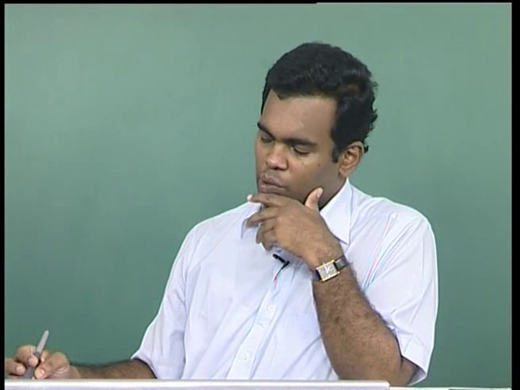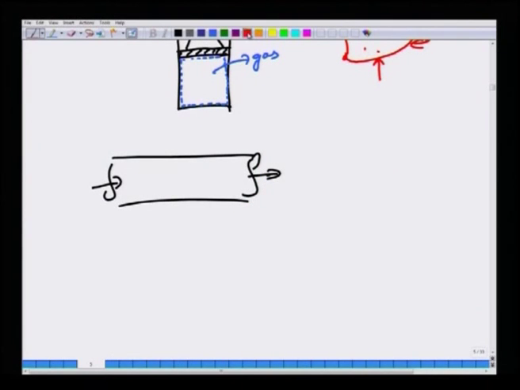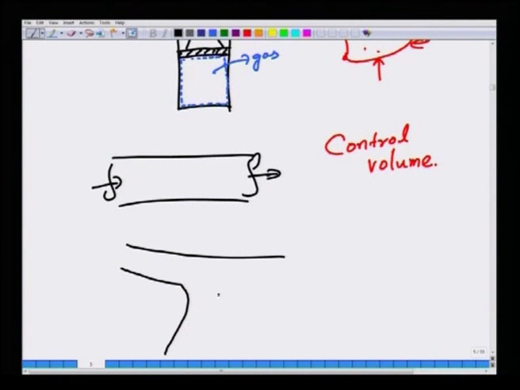So, what is normally done in fluid mechanics is to use what is called the control volume approach. The control volume is a fixed location, a fixed region in space of interest to us. For example, you may have a flow manifold like this.